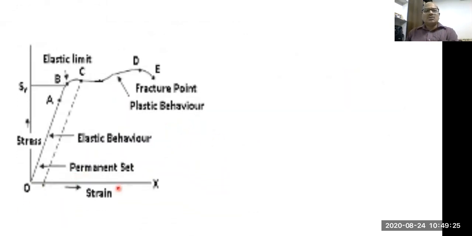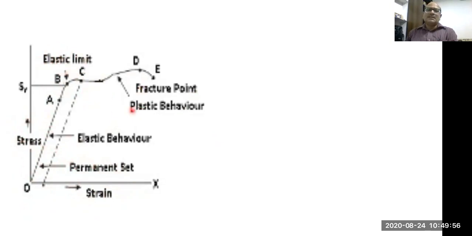So this is also an extension of that. Stress and strain: the stress refers to the force applied, and the strain refers to the extension achieved by the object due to this force or stress. Up to the point B is the elastic behavior, and B to C is the elastic limit.